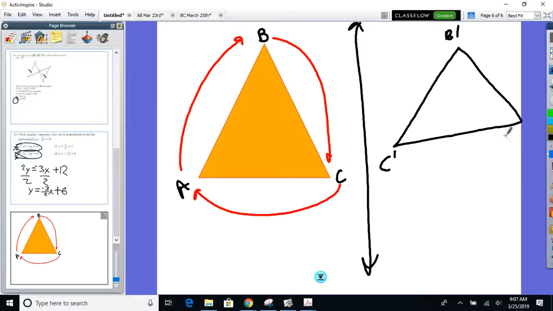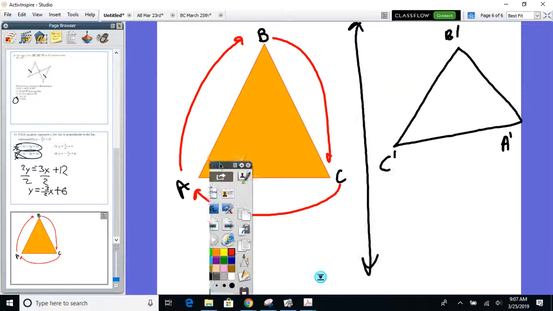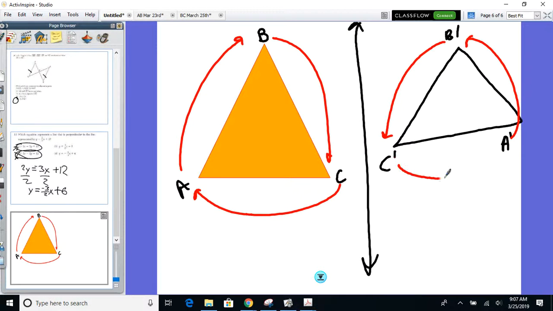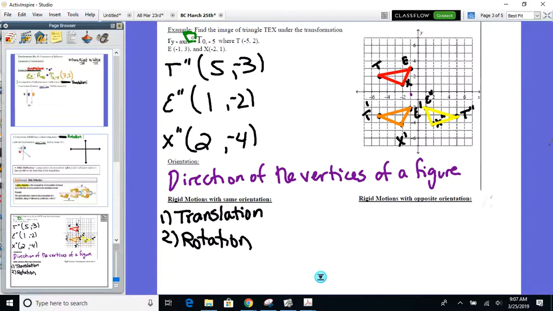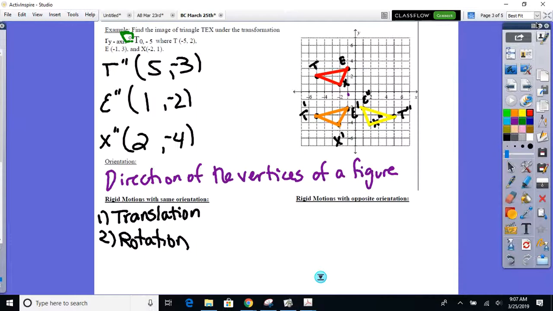C prime, and this one is? All right, let me go ABC again. What direction do you see? Counterclockwise, so the orientation changes. So we're going to put it over here now. It's a rigid motion that has opposite orientation.